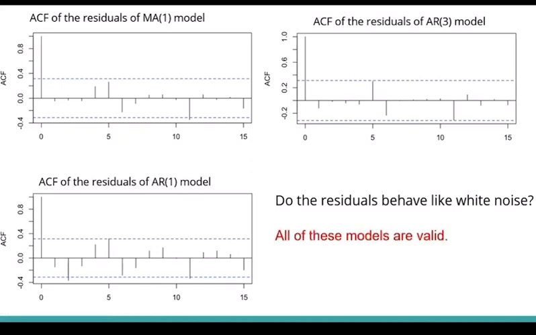Because most of the autocorrelation values at different lags are within the blue dotted lines in each model, I'm going to say the residuals behave like white noise, which means all three suspected models pass the diagnostic testing.